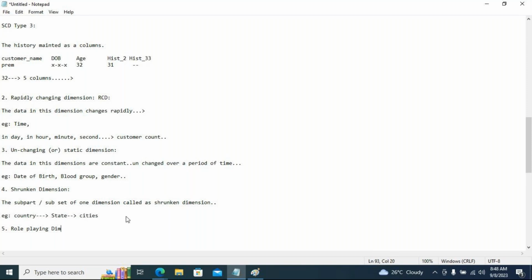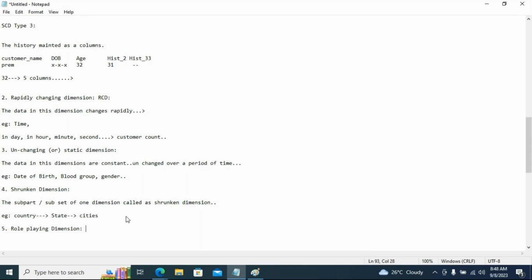Another one is a role playing dimension. What is a role playing dimension? For example, any dimension that plays multiple roles with a fact or measure table. Such kinds of dimensions can be called role playing dimensions.